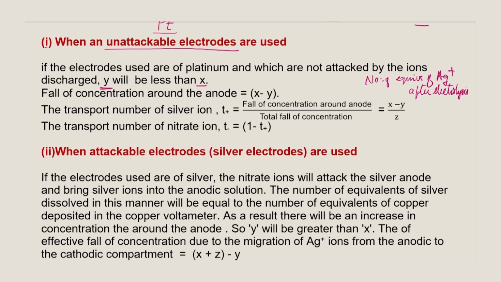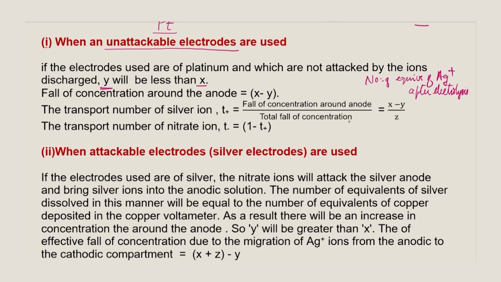Now, the fall in concentration around the anode will be X minus Y, that is, before minus after electrolysis. The transport number of silver ion, T plus, will be equal to the fall in concentration around the anode divided by the total fall in concentration.